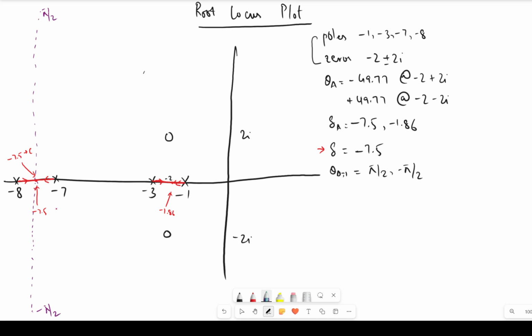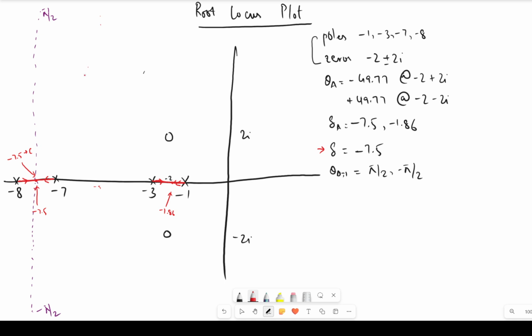So the centroid and the breakaway can be at different points as well. So we could have a centroid here at -5, for example, so I'll draw the dotted line here then. But the breakaway at -7.5 means they'll collide here and they'll go here. I'm just giving you an example so that if our centroid was here and our breakaway was here, then they will collide here and they will follow this point.